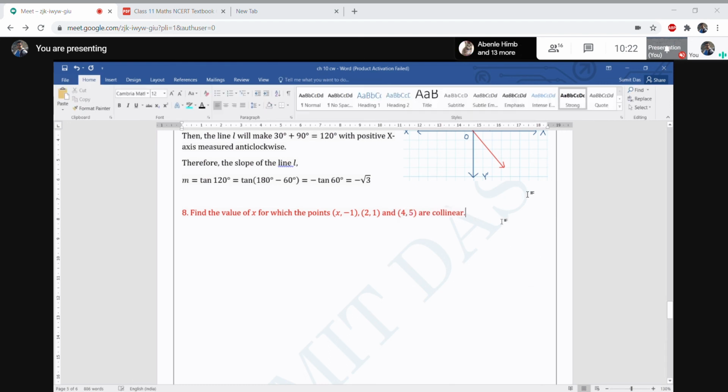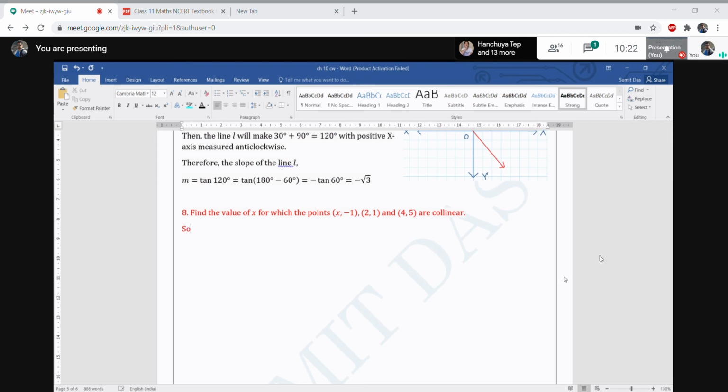So we have to find whether these points are collinear. How to find the collinear? You have to find the slope of this and this. That means you have to find the slope of this point and the slope of this point, then we have to find the x.